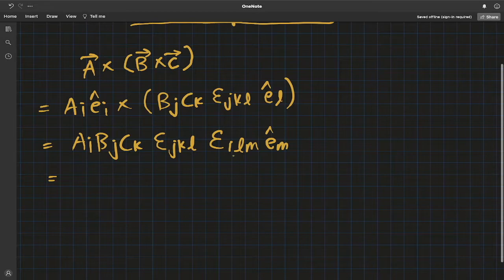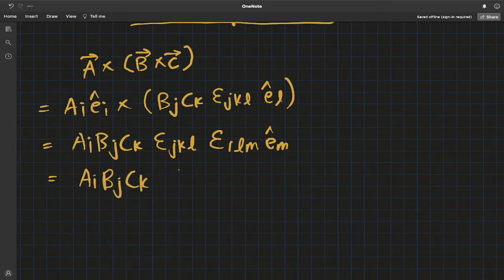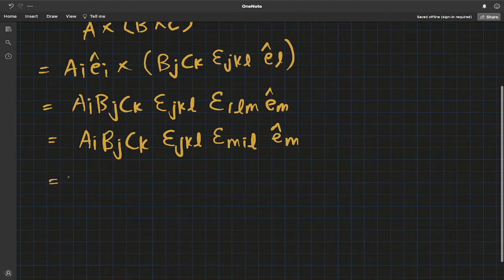Now notice the product of two Levi-Civitas. We could use the Levi-Civita identity, but we need the last index to be the same. So we can rearrange the second Levi-Civita symbol to just satisfy the required condition. We can do even permutation to epsilon_mil, and notice the l, the last index, is the same.